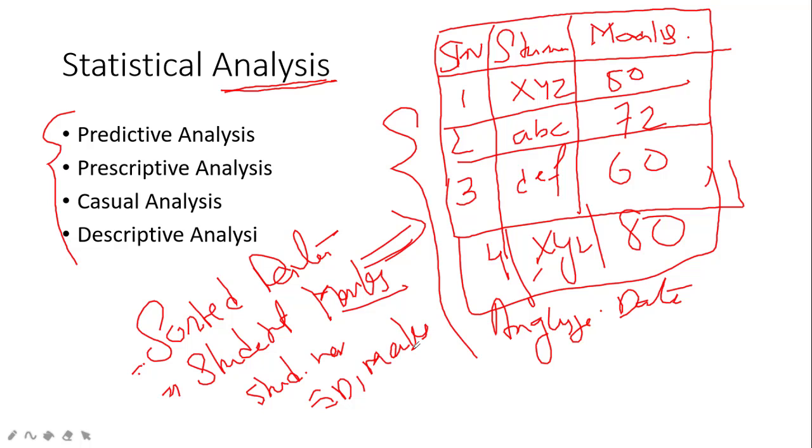So I observe there is one student whose name and marks are the same but the ID is different, which means there is some issue in the first column and the third column. So we analyze it.